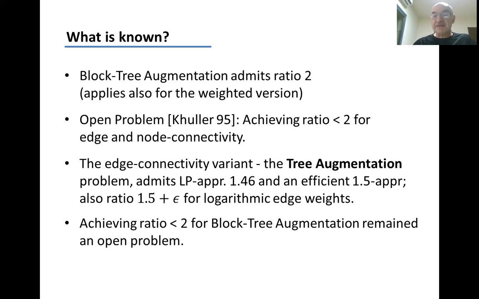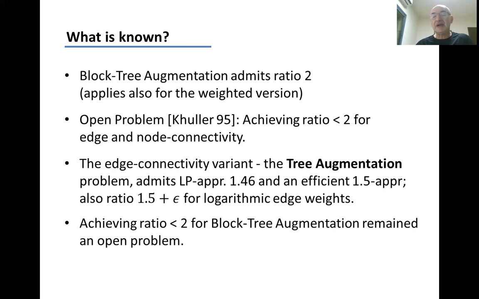For the edge connectivity variant, the so-called tree augmentation problem, this was achieved a long time ago, and the currently best ratio for the problem is 1.46. This 1.46 approximation is based on linear programming, but there is also an efficient 1.5 approximation algorithm.